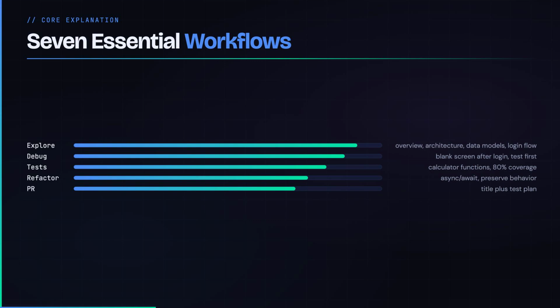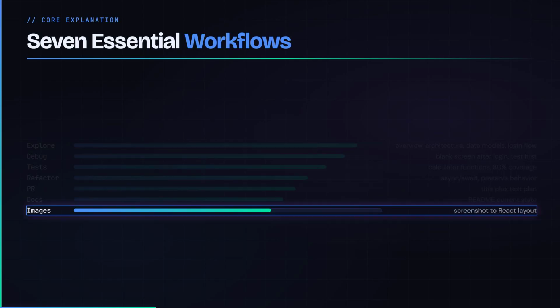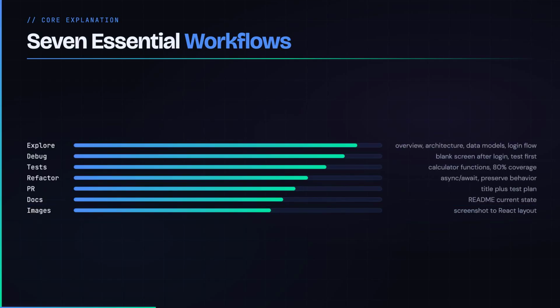Give the title, such as feat: add OAuth 2 support, and include a test plan. Use documentation when the README must match the current project state. This is not cosmetic. Stale docs make the next session start wrong. Use images when the target is visual. Paste a screenshot of the design and ask Claude Code to implement that layout in React.